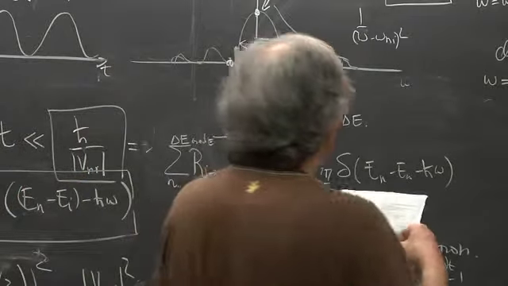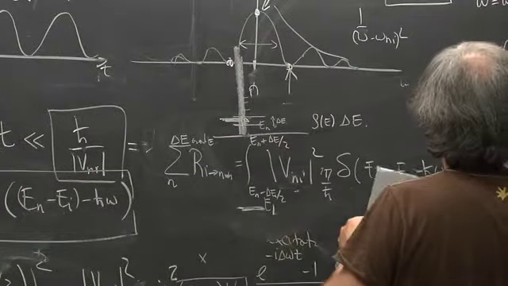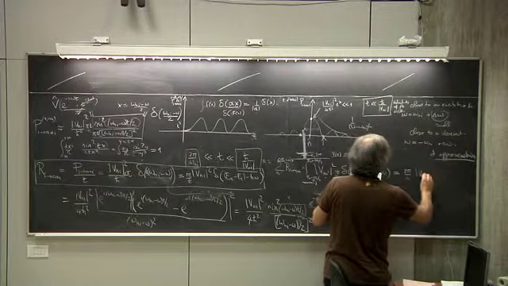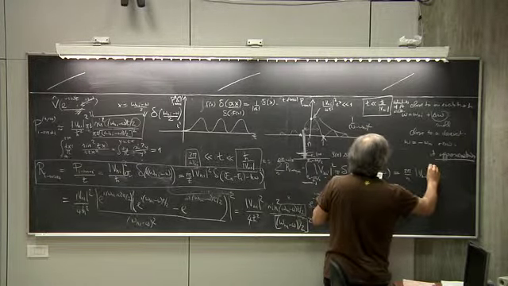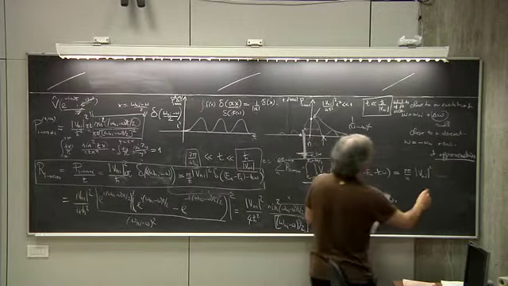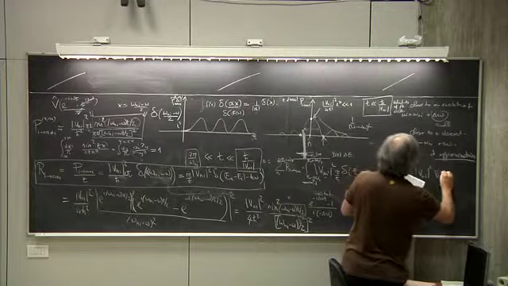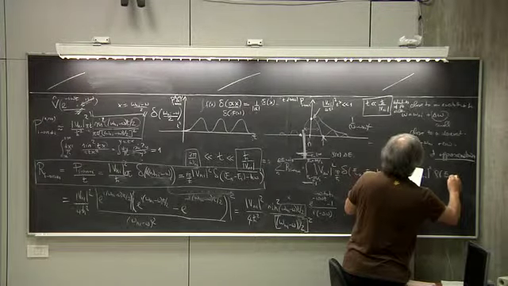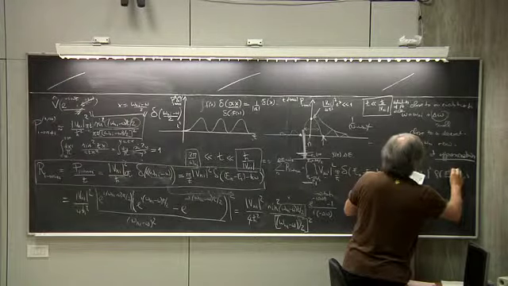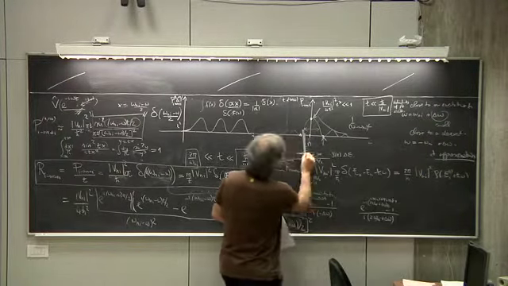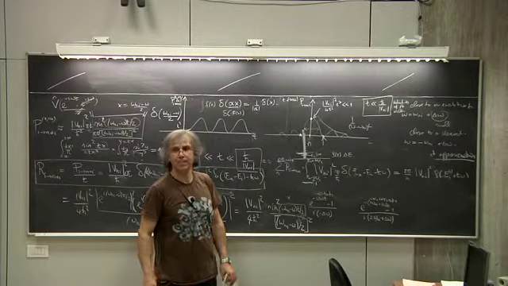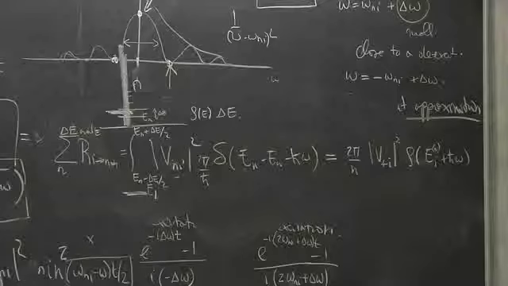So the result is simply 2 pi over h bar, the final matrix element, I call it just F, times the density of states at the energy Ei plus h bar omega, okay? So it really depends on how many states you have at that energy En. So you have to account for this.